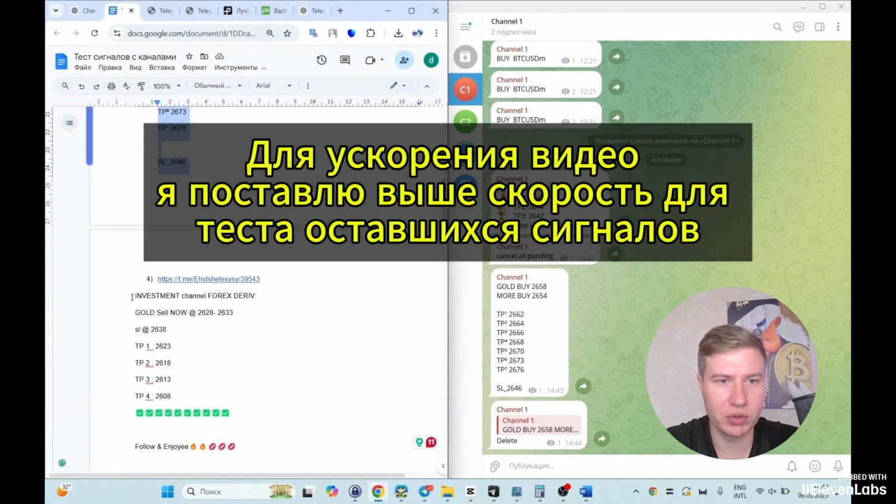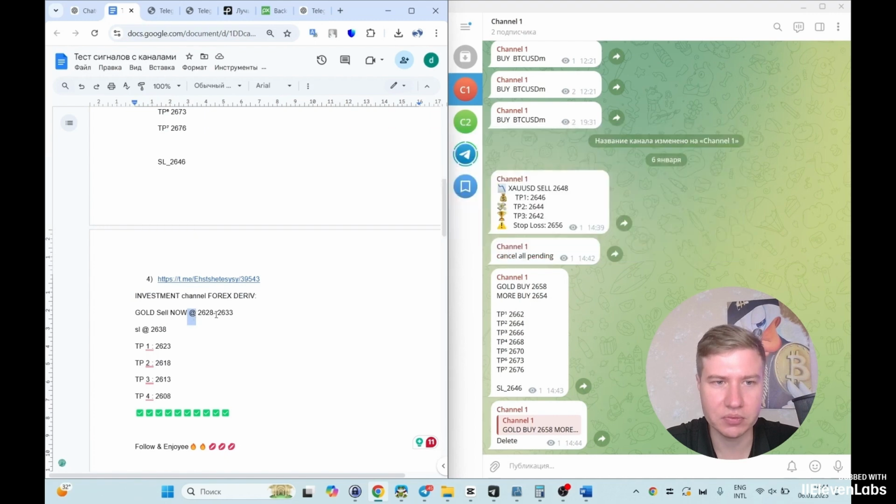Now this kind of signal, also the letter A is the keyword for the opening price, as I saw here. So at the moment of the signal, it should be on average, as you understand. Therefore it will be a pending order. The stop loss also has the letter A, so this will need to be checked in the settings.